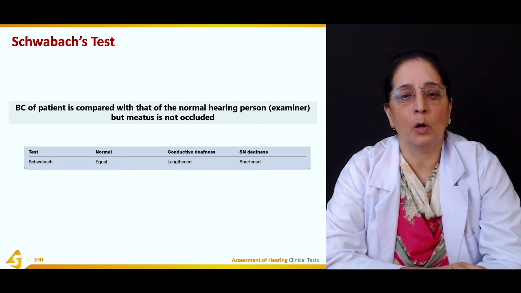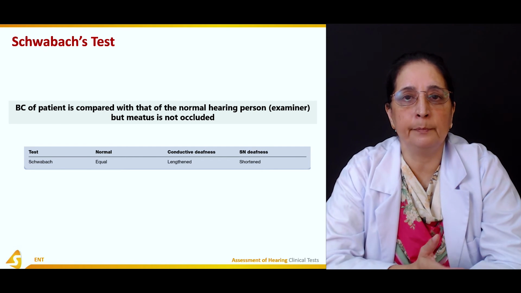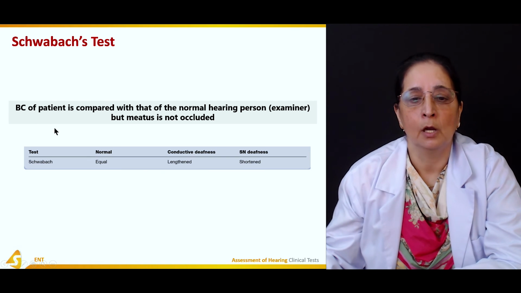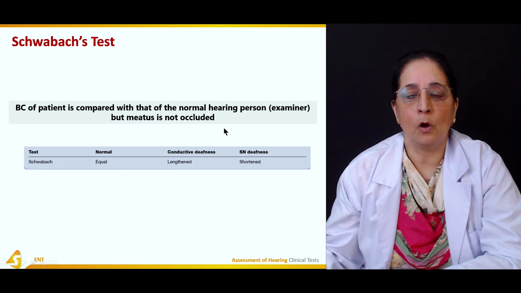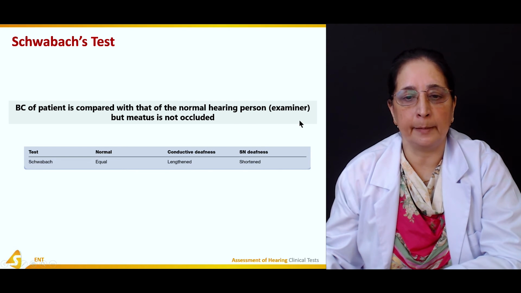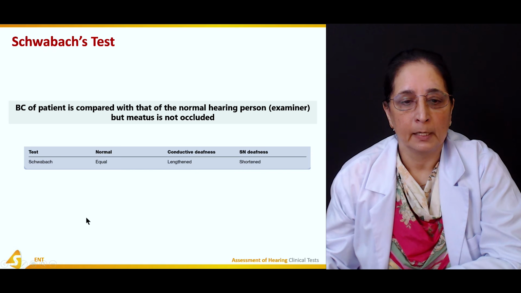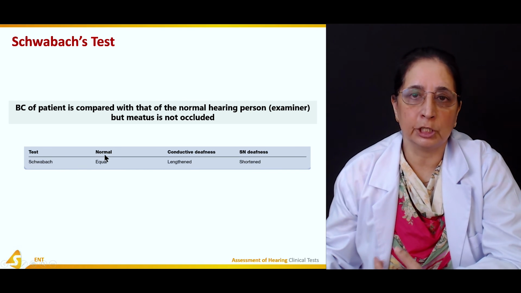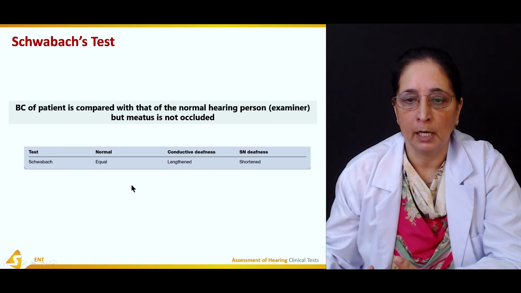Next is the Schwabach's test. Schwabach's test is a bone conduction test in which the bone conduction of the patient is compared with that of a normal hearing person, the examiner, and the meatus is not occluded. In normal, the bone conduction is the same between the examiner and the patient.